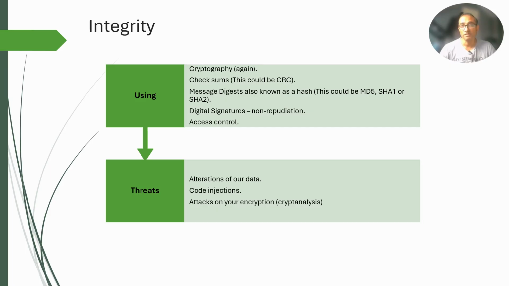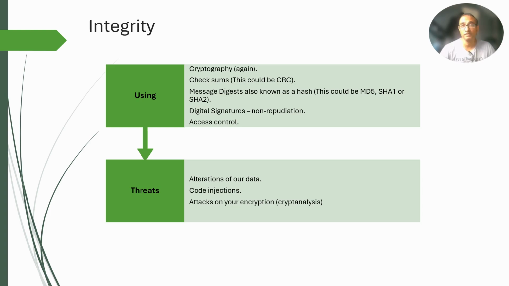Secondly, we come to integrity, which is achieved technically, again by cryptography, and we will see how this is achieved in later videos. We use message digest, or hashing as we know it more commonly. We use digital signatures, which help in non-repudiation. For example, if we have digitally signed a document, we cannot claim not to have signed it.